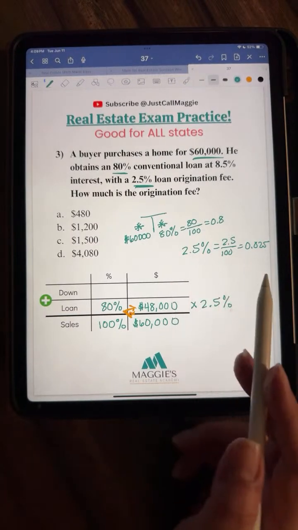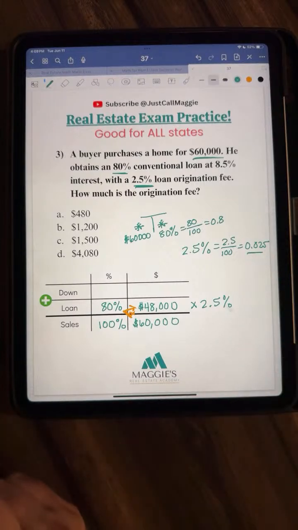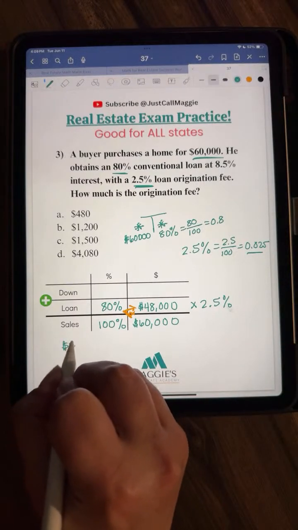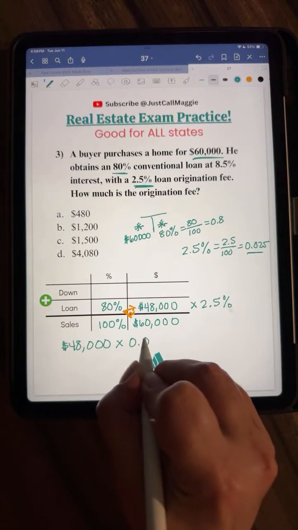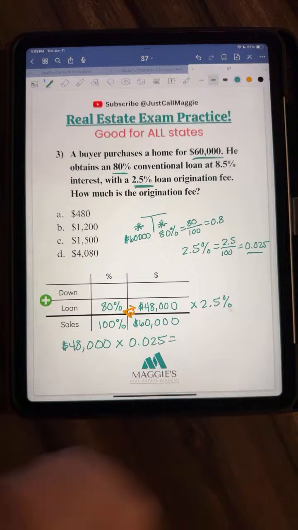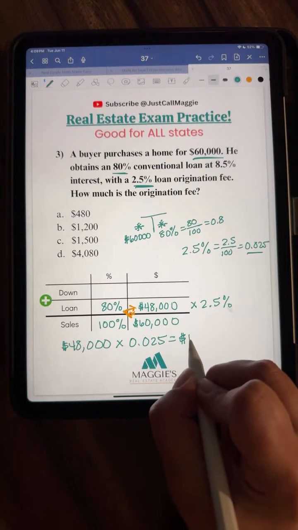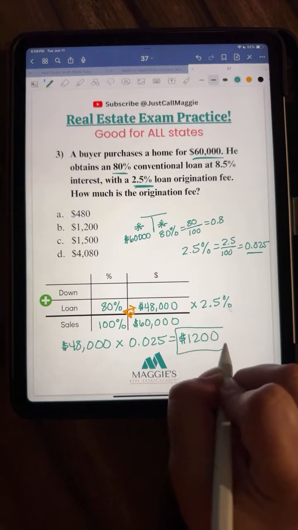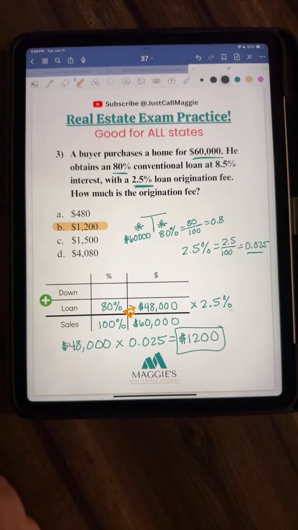So now I just multiply 48,000 times 0.025, which is going to leave us with a total amount paid in origination fees of $1,200. So if you're saying B in the chat, you got it.